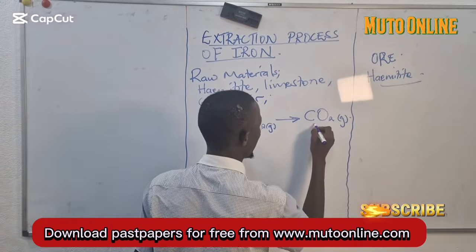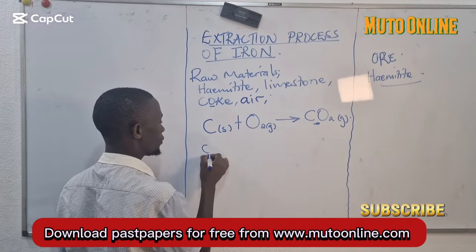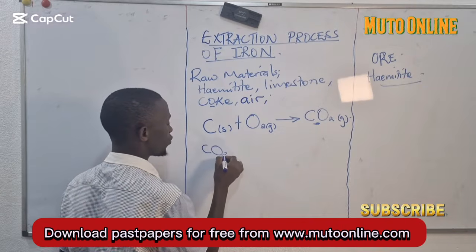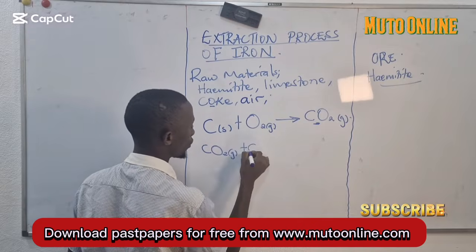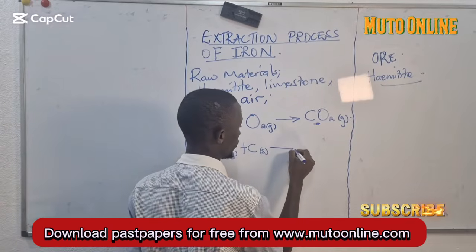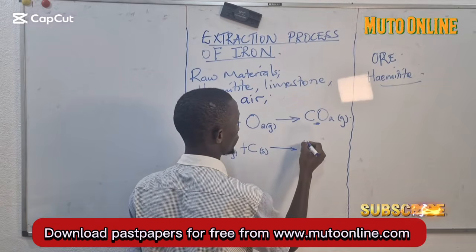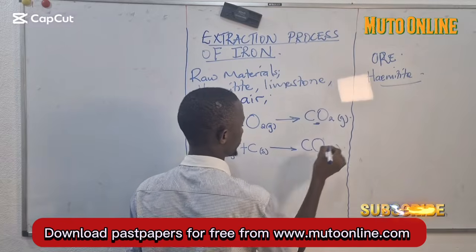As more air is fed into the furnace, this formed carbon dioxide will continuously react with more of the coke in the furnace. Remember I said in the coke there is carbon, to form carbon monoxide gas.